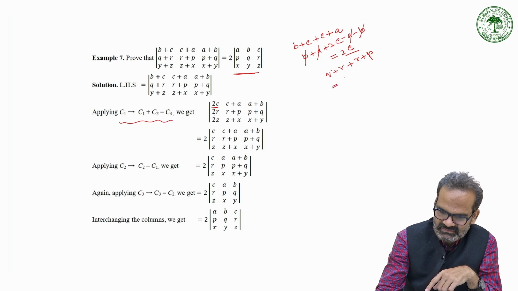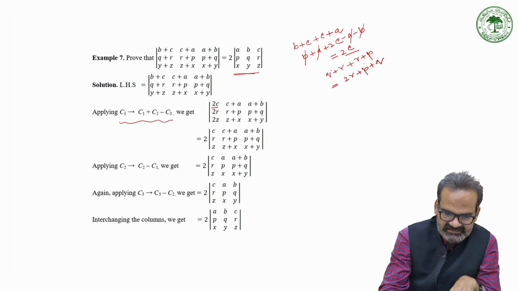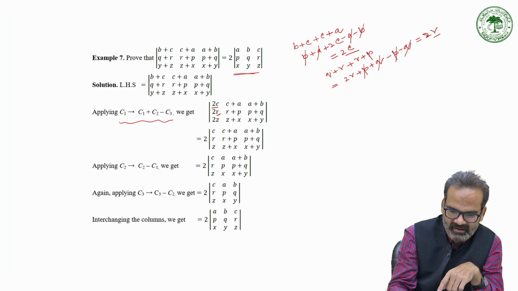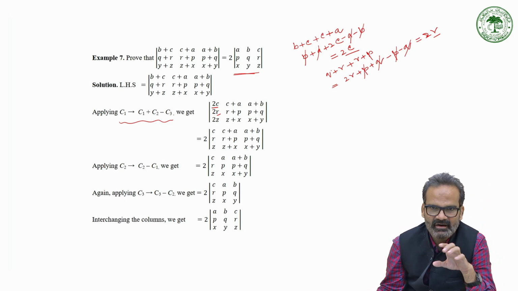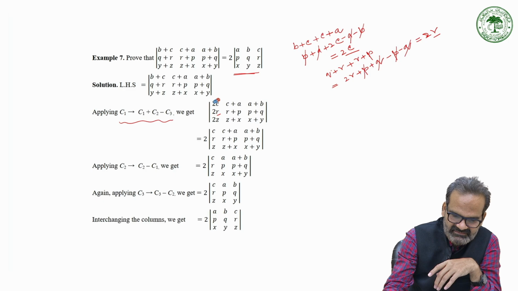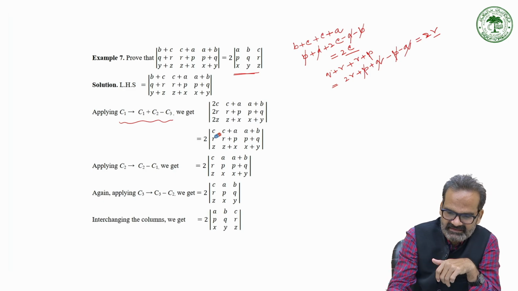This equals 2R plus P plus Q, and this should be subtracted from C3. C3 is this, minus P minus Q, P and Q will cancel out. What is left is 2 times R. So, we are getting 2R. Likewise, you can find 2Z. So, after using the operation C1 plus C2 minus C3, we are getting this determinant.